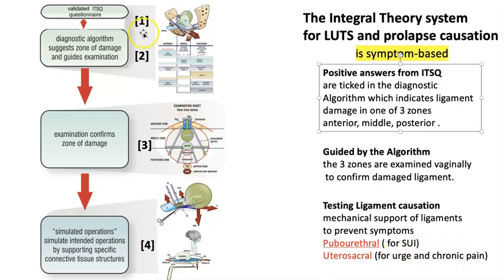So, in summary, it has 4 elements: a validated questionnaire; the answers are put in ticks in this algorithm, we'll show you that later; the examination, this guides you where to look, anterior, middle or posterior; and finally, we can actually test the symptoms themselves, stress incontinence and urge and chronic pelvic pain, by mechanical support, either with a hemostat or a speculum.